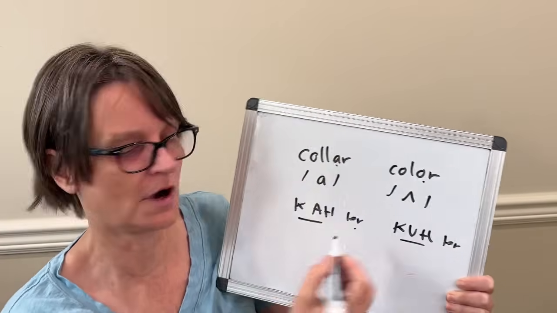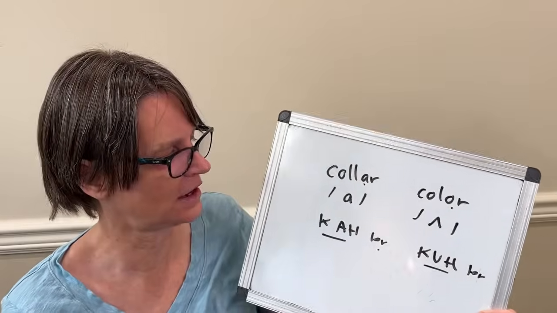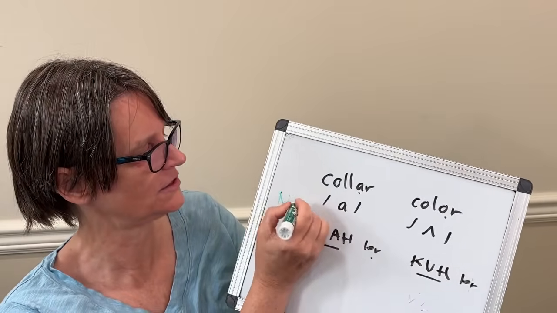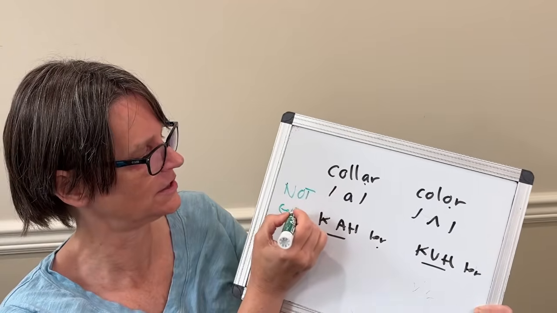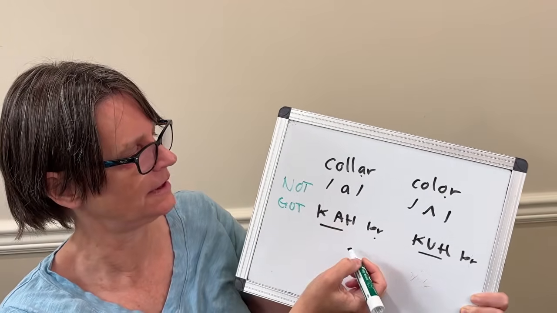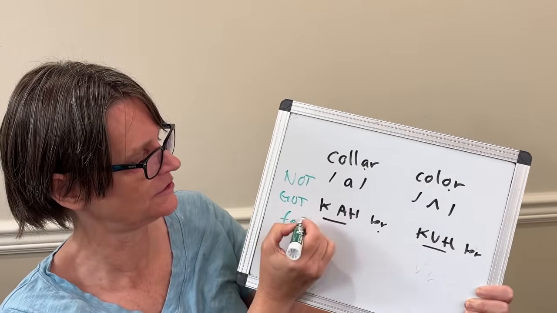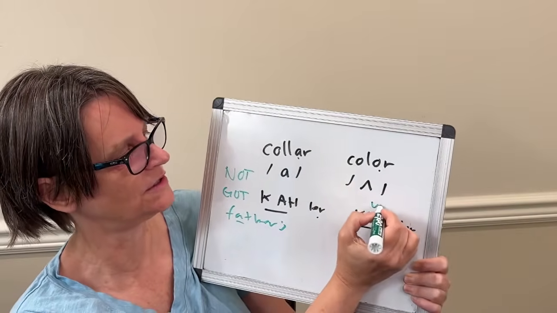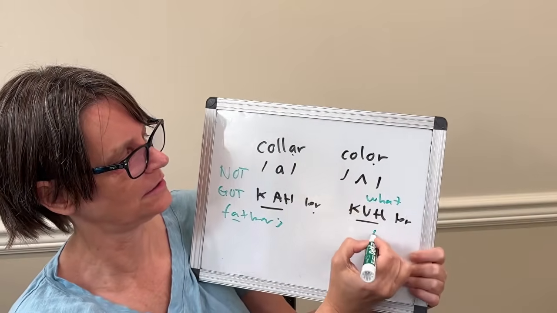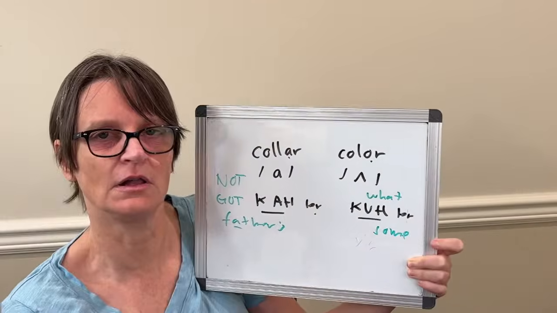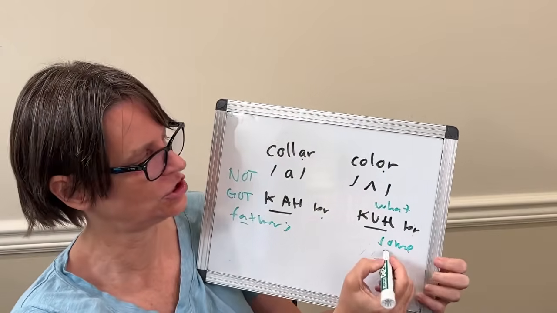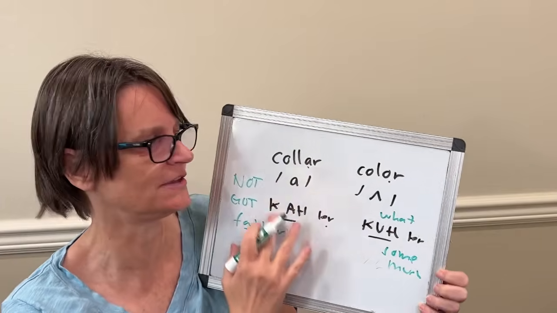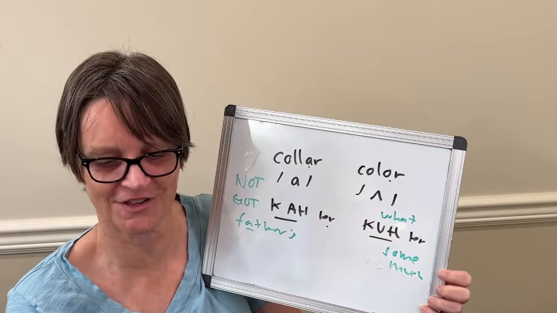And again, for our contrast, like I often suggest, using another word like not or got a collar. My father's collar versus what color, some color, much color. So keeping the sounds together and the sounds together will help you with that contrast.